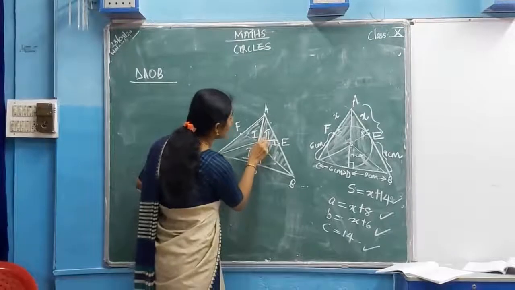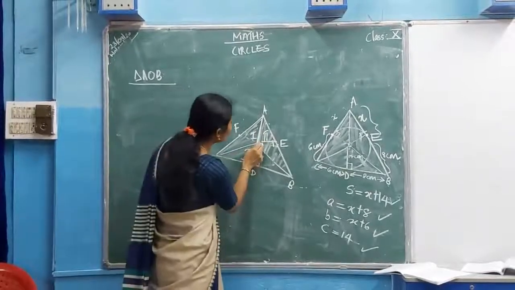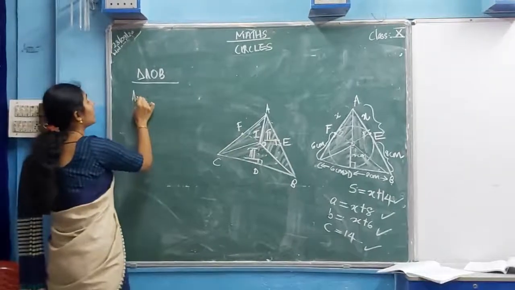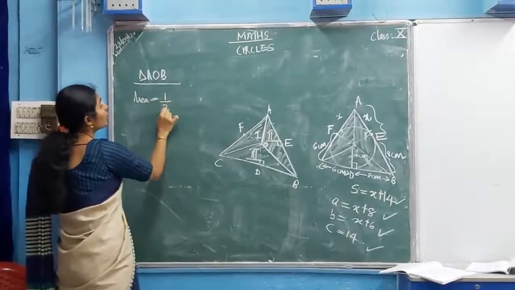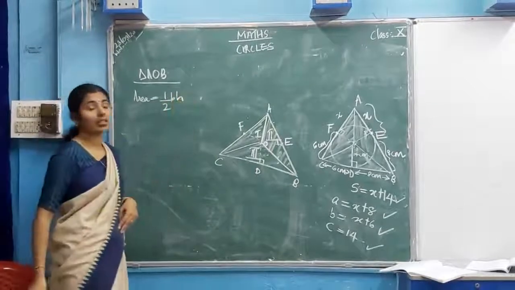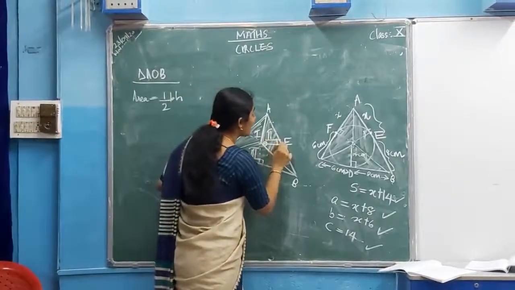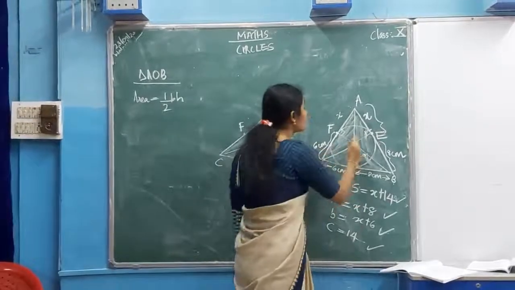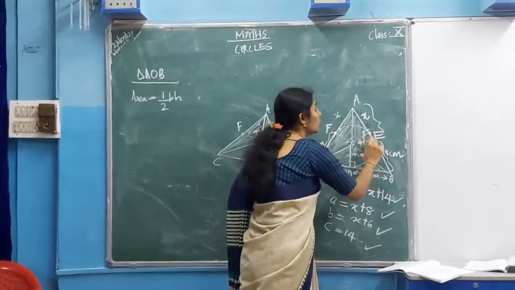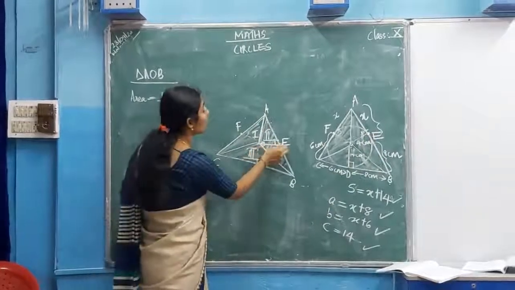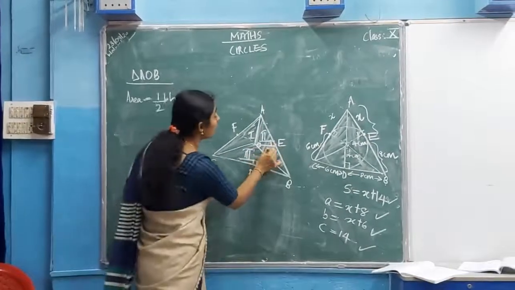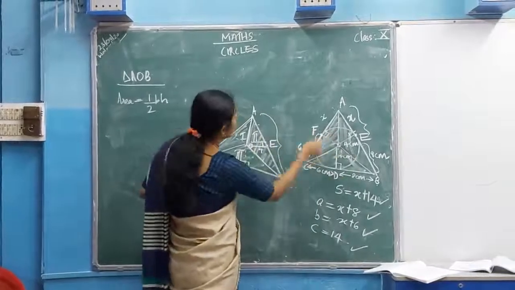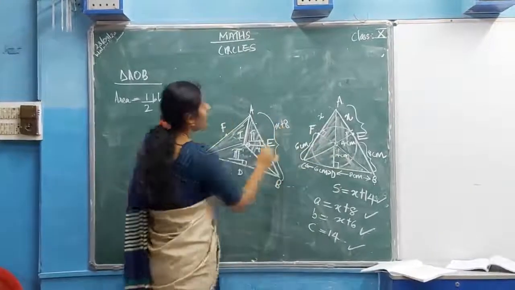This is center O. And you have studied area of a triangle is half into base into height. You see, this is the perpendicular line. This is the radius of the circle, given as 4 centimeter. So the measurement of OE is 4 centimeter. And the measurement of AB is x plus 8.